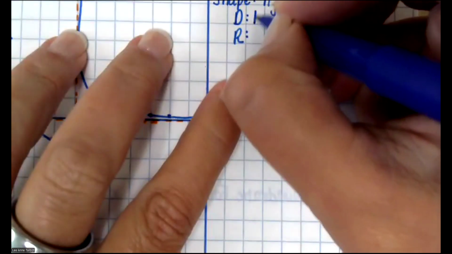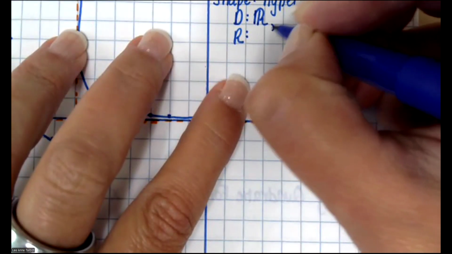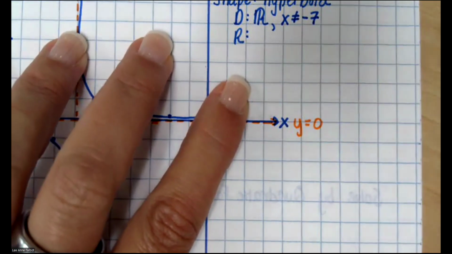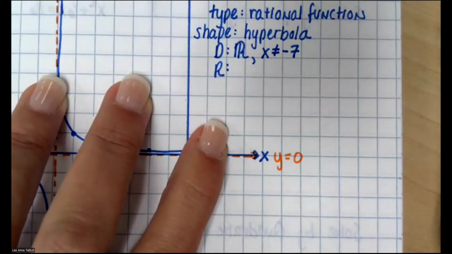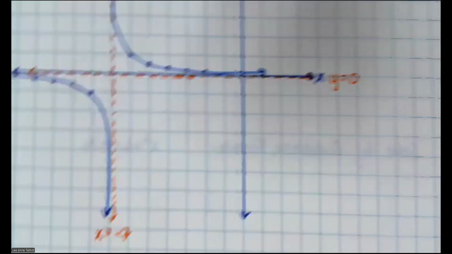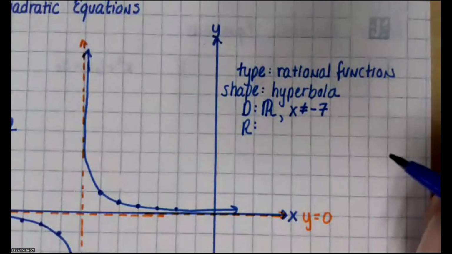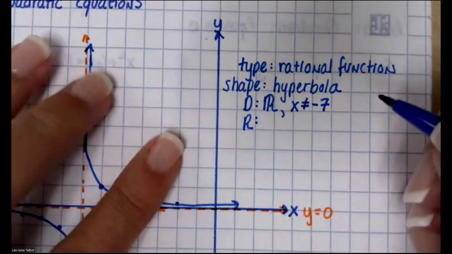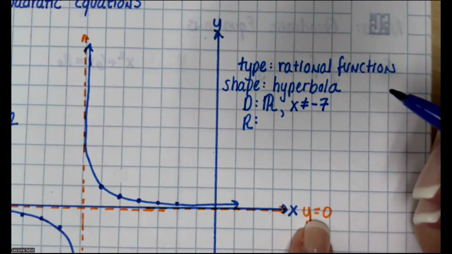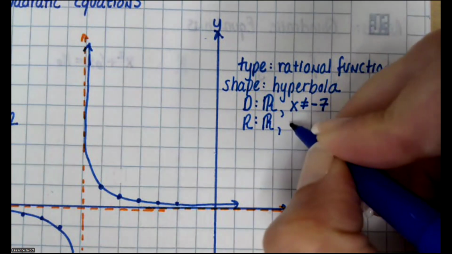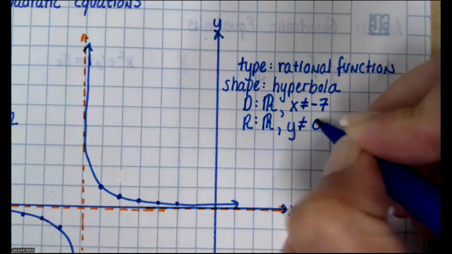So I'm going to say all real numbers, comma, x cannot be -7. And I can see that from my asymptote. The range is going to be everything but this. All real numbers except y cannot be 0.